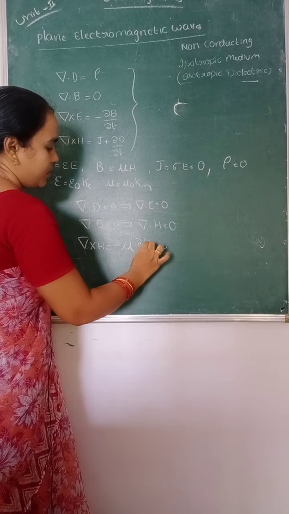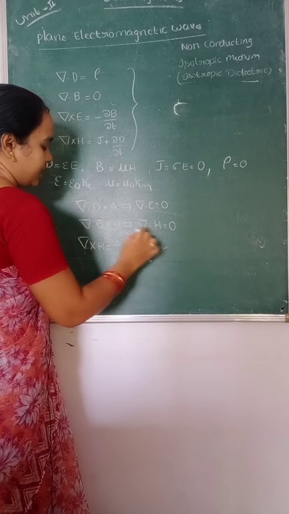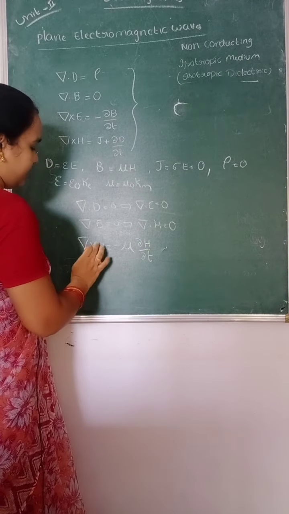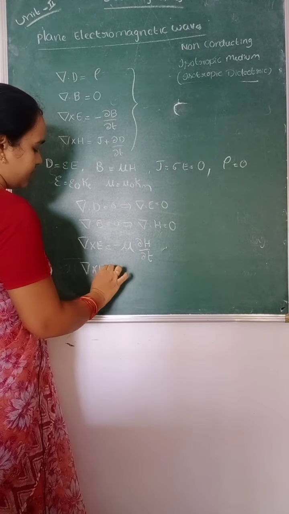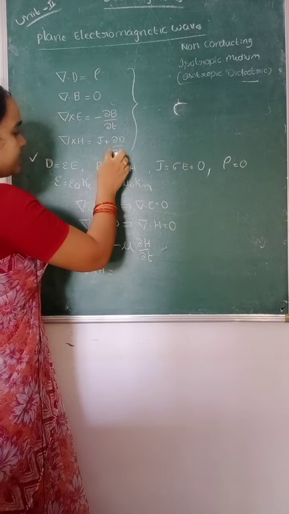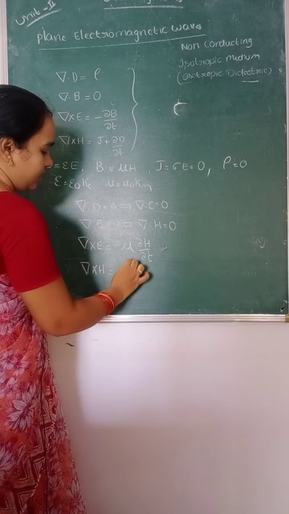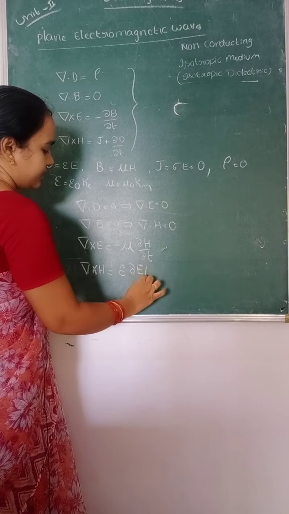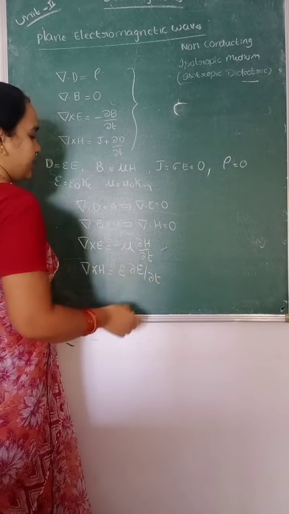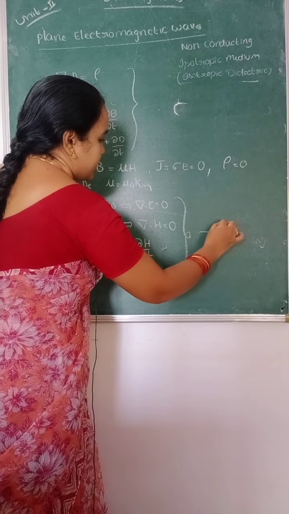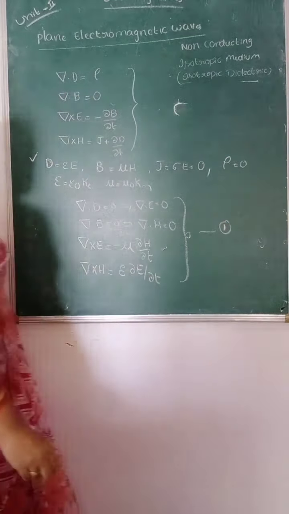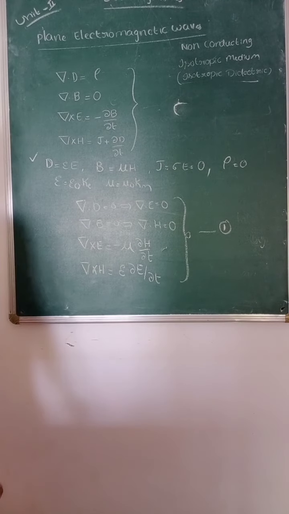Del cross H is equal to epsilon dou E by dou t, since J is 0 and D is epsilon E. These are all the four Maxwell's equations in isotropic dielectric medium.